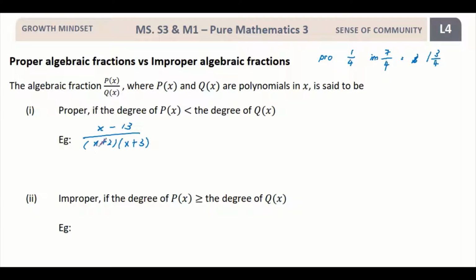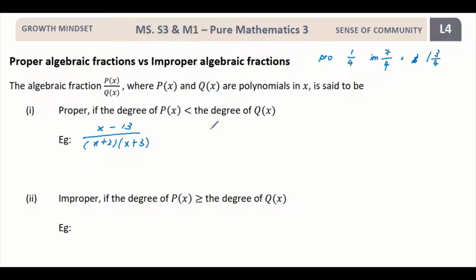For your denominator, what is your power here? 2x times x, you are getting x squared, right? So the highest power, or the degree, here is 2. So that's why 1 and 2. The degree of your numerator is smaller than the degree of your denominator, so this is a proper fraction.